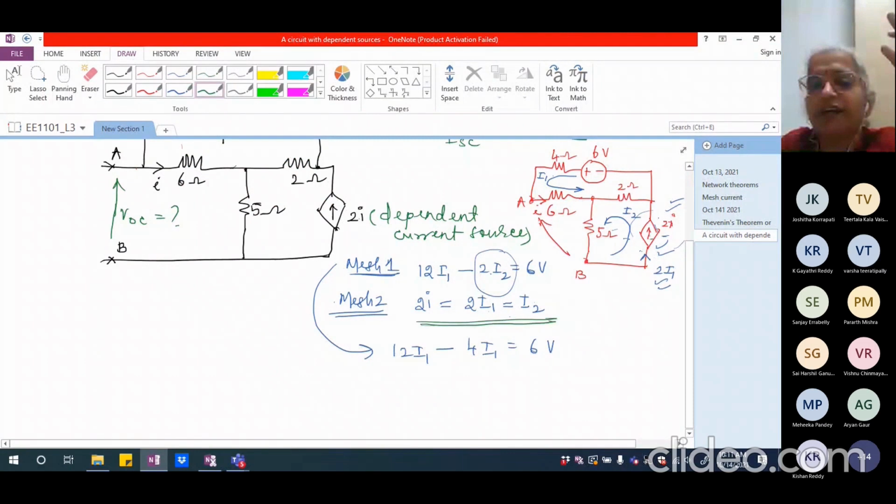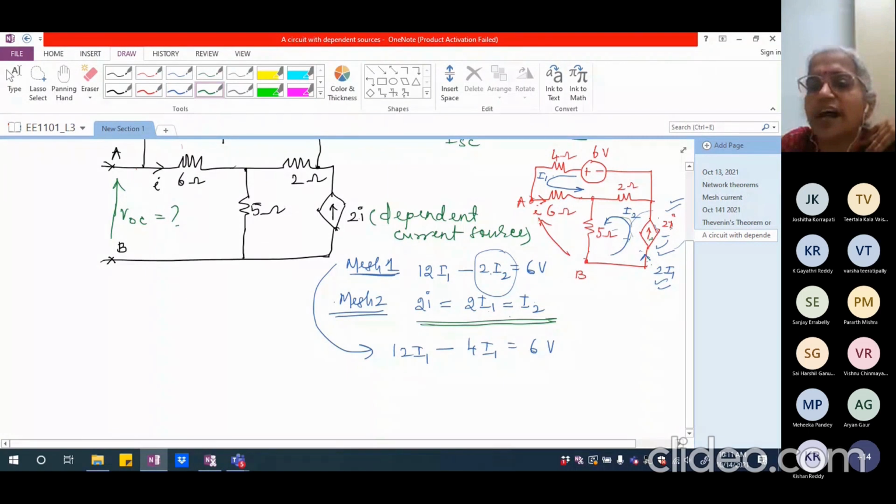I have only got one current source, which is 2I. And this branch is not carrying any other current. There is no resistance, nothing. So this 2I should be equal to whatever is the mesh current. Mesh current is I2.